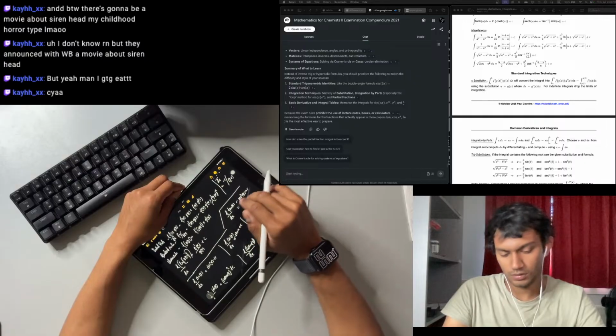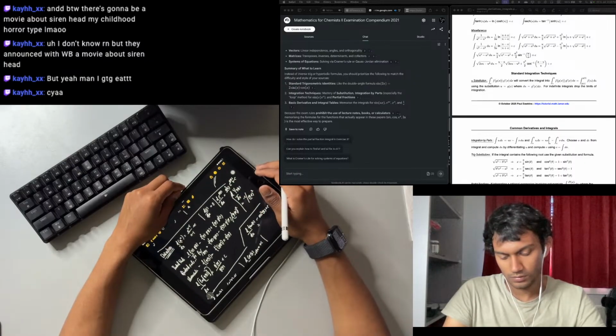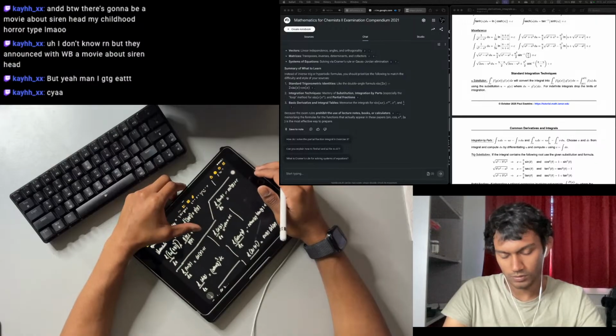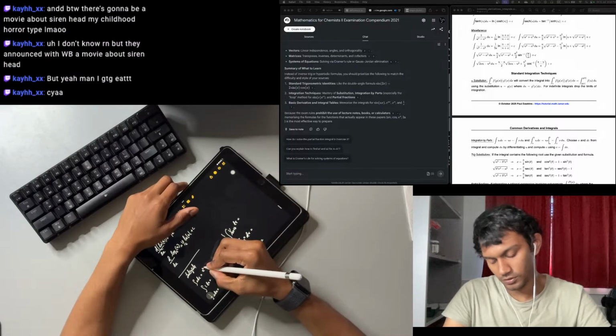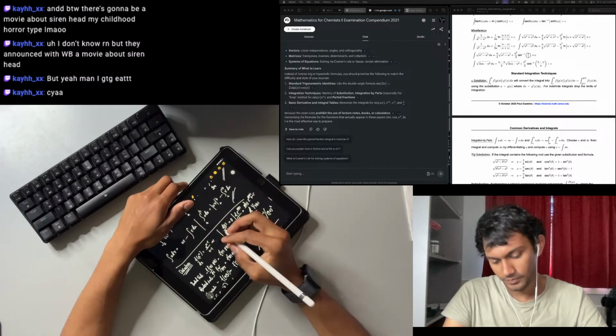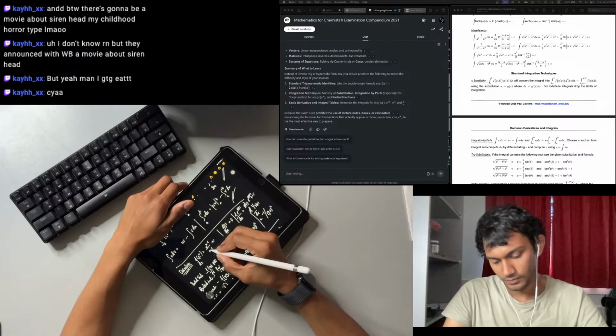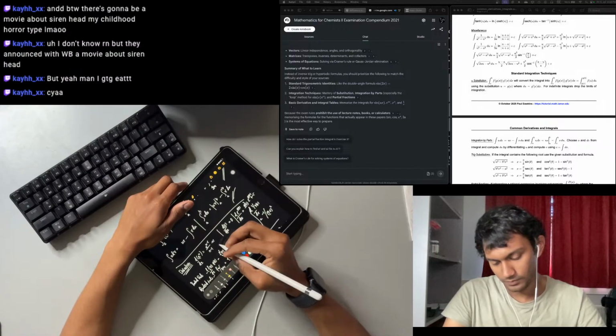Derivative is where it's minus 1, so it's plus x square. No. Got this wrong.